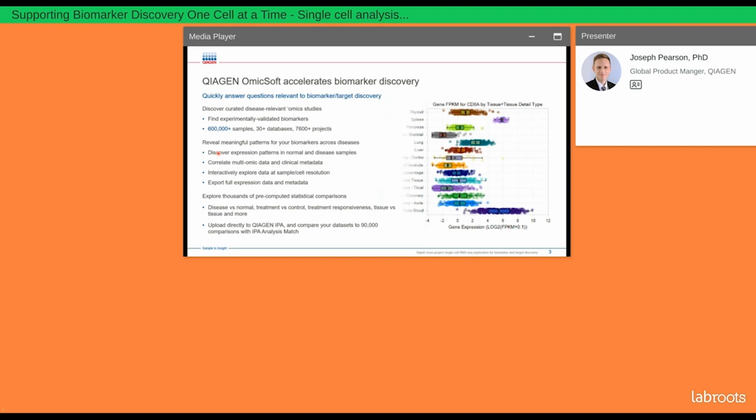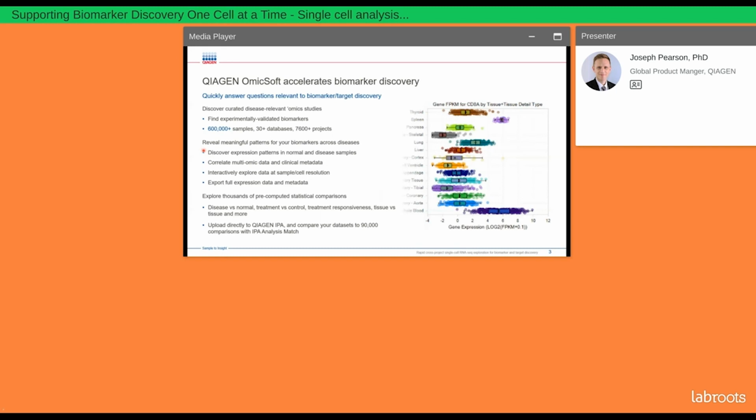Through our LANDs platforms, we provide the ability to discover curated disease-relevant omics studies and find experimentally validated biomarkers by exploring our collections of over 600,000 samples across 30 databases and from over 7,600 projects. By exploring these databases, you can reveal meaningful patterns for your biomarkers across diseases to do things like answer questions about where the expression patterns are between normal and diseased samples.